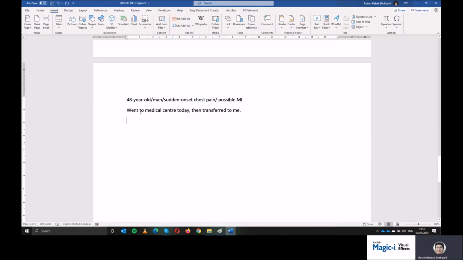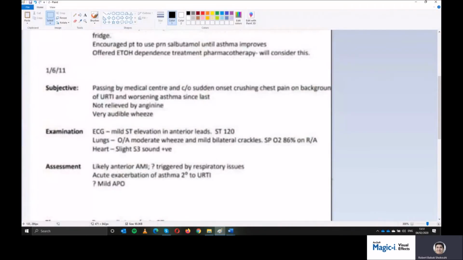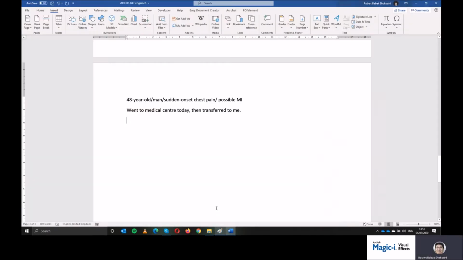So he was passing by the medical center. It doesn't say anything about transfer. I thought passing maybe meant transfer. No, passing by. It was just passing next to it.